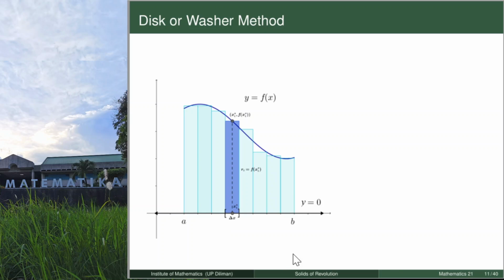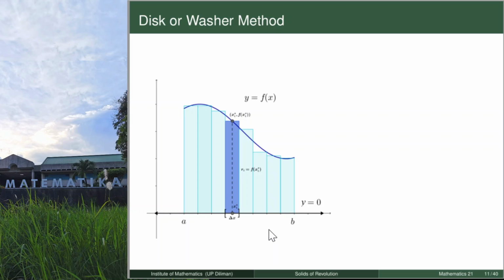What kind of solid will each rectangle give us? Remember that it will give us a disk, right? Because this boundary has a segment that coincides with the axis of revolution. So each rectangle here will correspond to a disk once you revolve the rectangle about the axis of revolution.